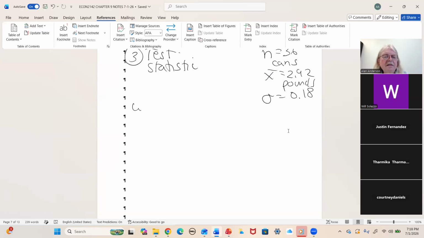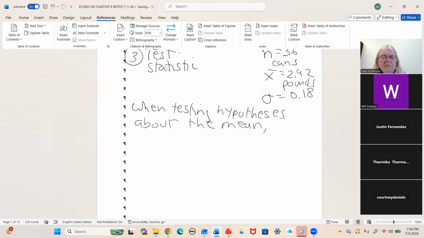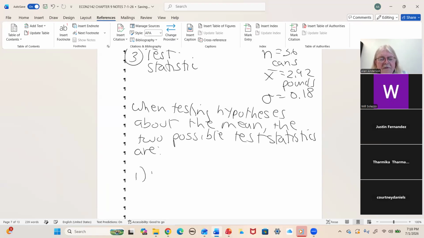When testing hypotheses about the mean, there's only two possible test statistics. The two possible test statistics are: if the population standard deviation is known, then we're going to use the following.